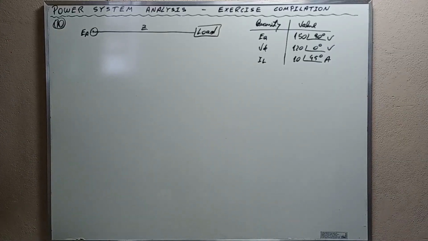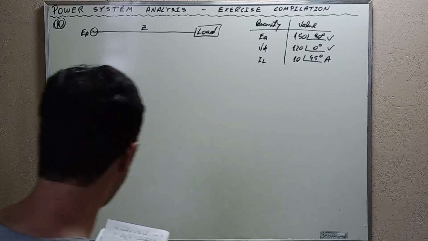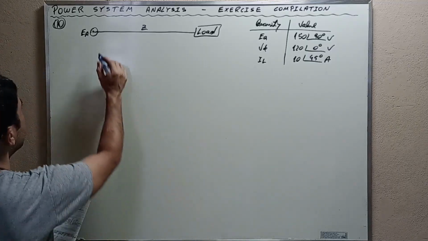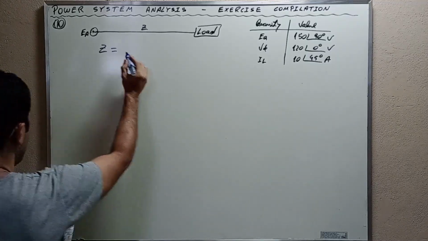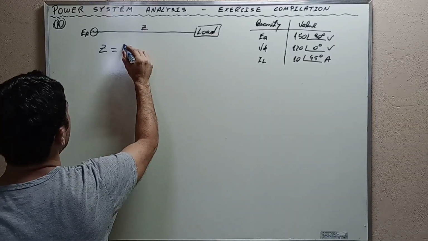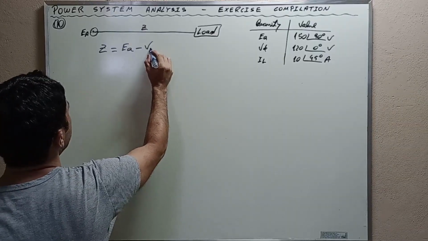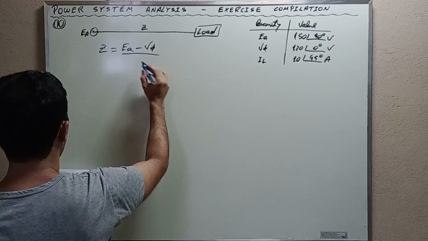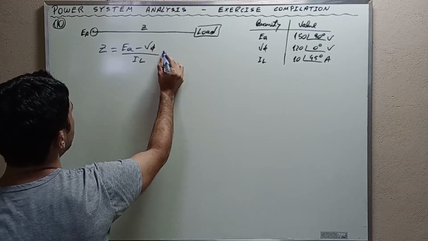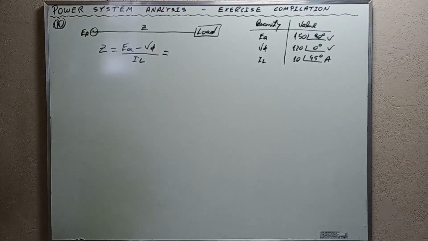Okay, before calculating the resistance, let's calculate the impedance. The impedance of the cable is Z equal to (EA minus V phi) divided by IL. Okay, this is very simple.